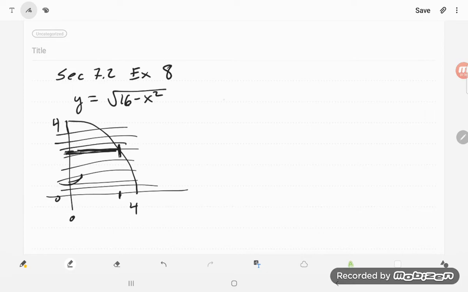And so we get y squared is equal to 16 minus x squared, which means x squared equals 16 minus y squared. So you see it's a circle, and so you get the same looking thing either way.